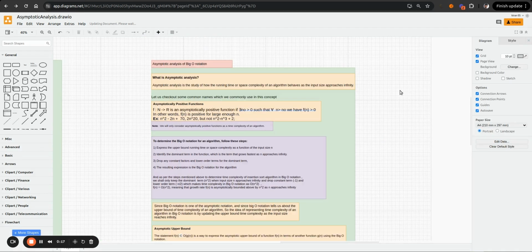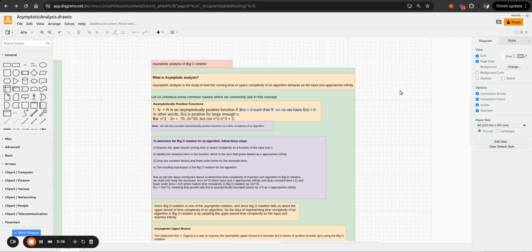Since we have seen what big O notation means, now we shall move on to the topic: how to do asymptotic analysis for expressing time complexity in big O notation. First we shall see what asymptotic analysis really means.